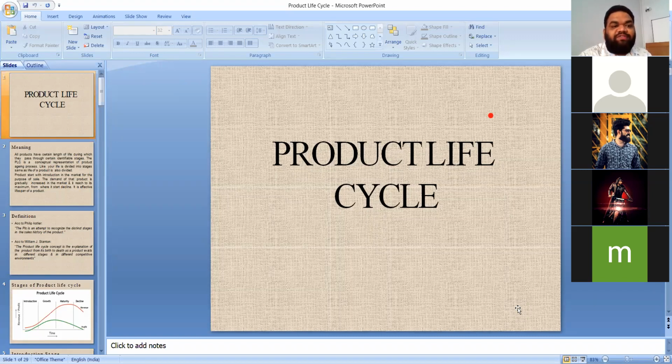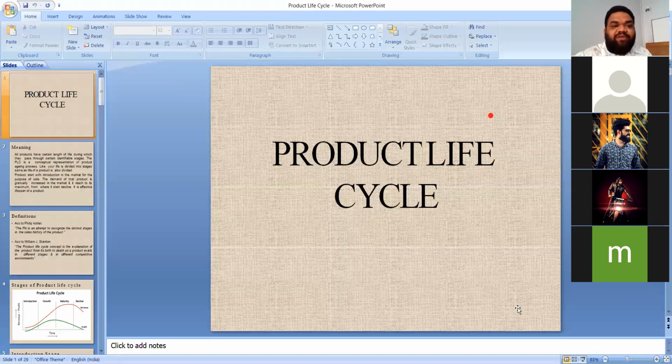So what is the product life cycle? As human beings have a cycle from birth to death, that is a life. When we take birth, we are kids, later we become adults, later we go to the maturity stage, and old age, and so on.